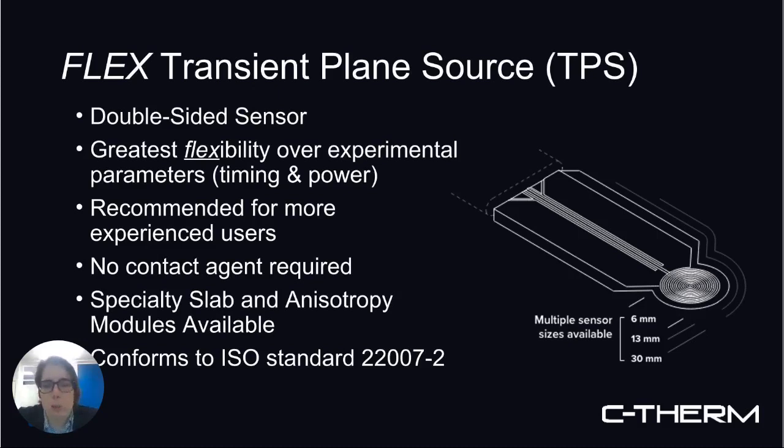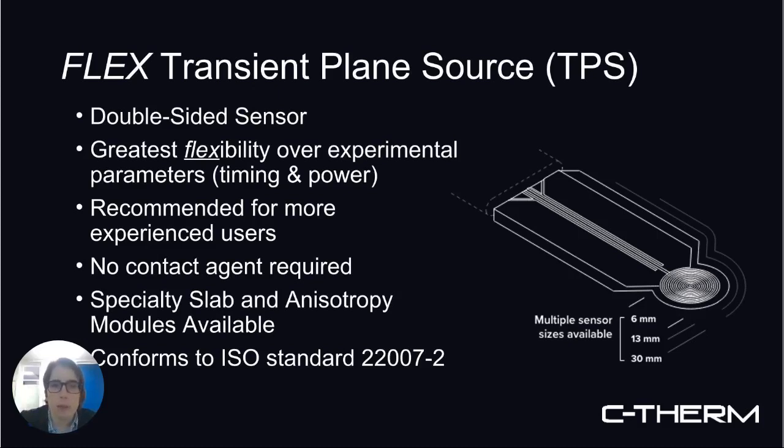You can also look at some specialty application modules like the slab module and the anisotropy module for samples that maybe don't have the ideal sample dimensions for some other methods. So it can be the most flexible test method, but it also requires the greatest degree of user expertise and experience and time to work up the data.